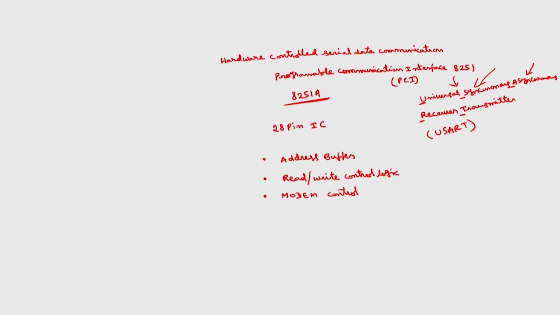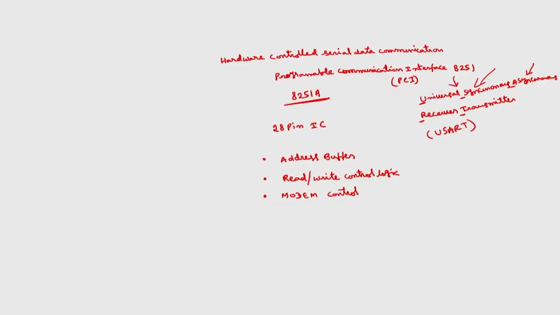so we know that in case of transmission of digital data over telephone lines, we require a modem. So, this will have some modem control signals. Then we have transmitter control and receiver control.